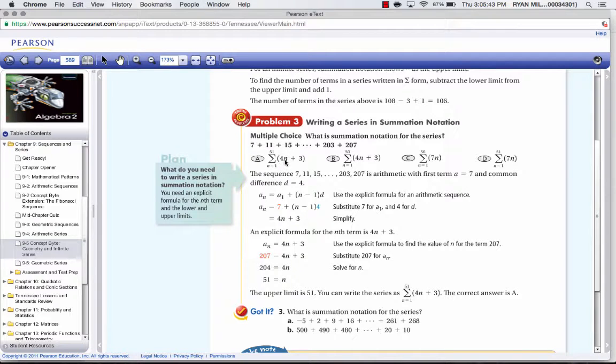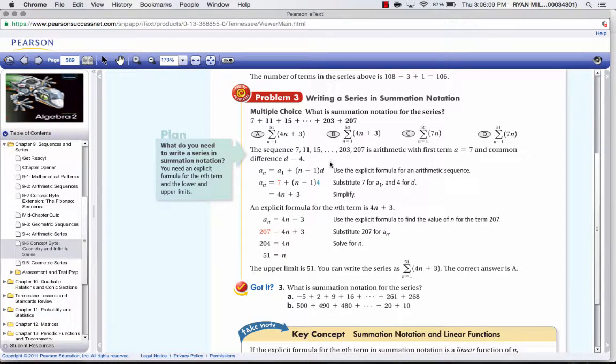So, for example, if I put 1 right here for the first term, 4 times 1 is 4 plus 3 is 7. Works. Second term, 4 times 2 is 8 plus 3 is 11. Third term, 4 times 3 is 12 plus 3 is 15.